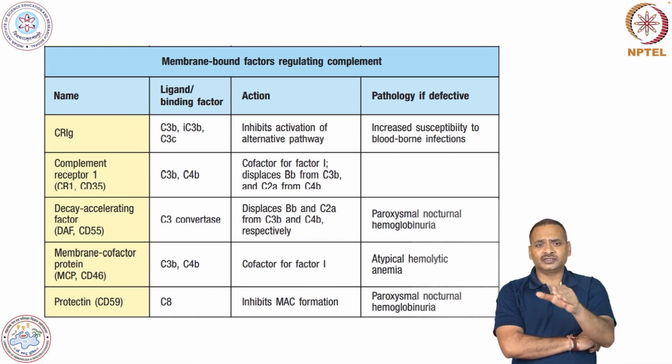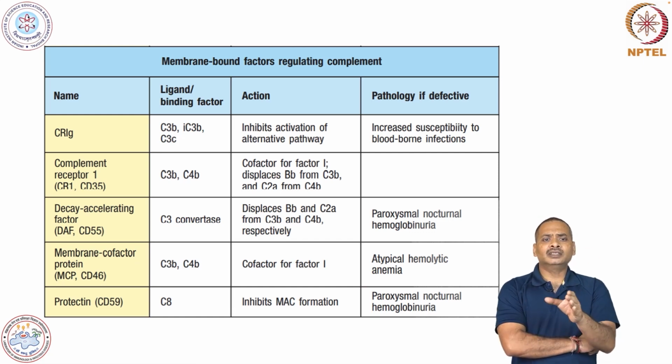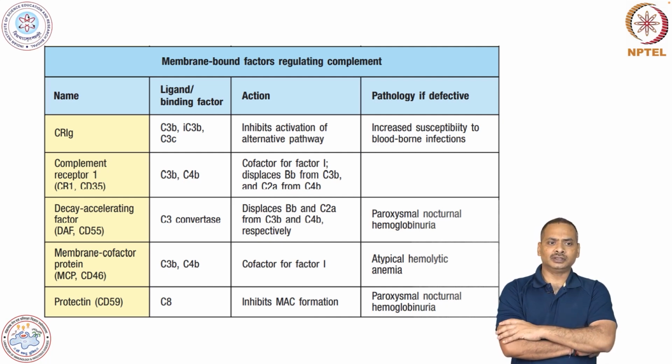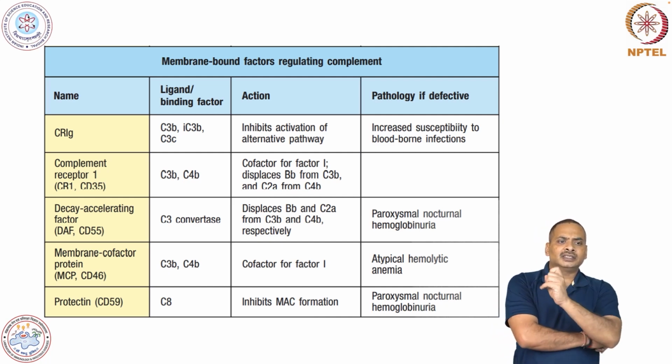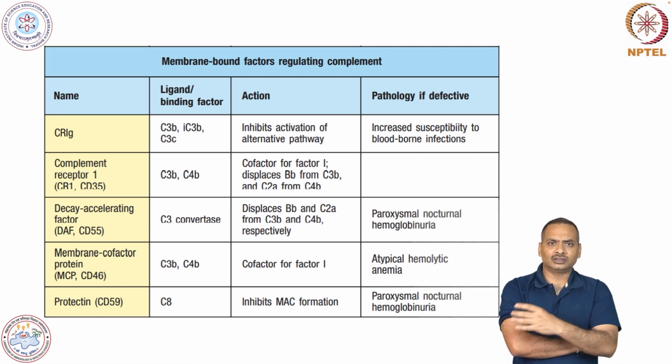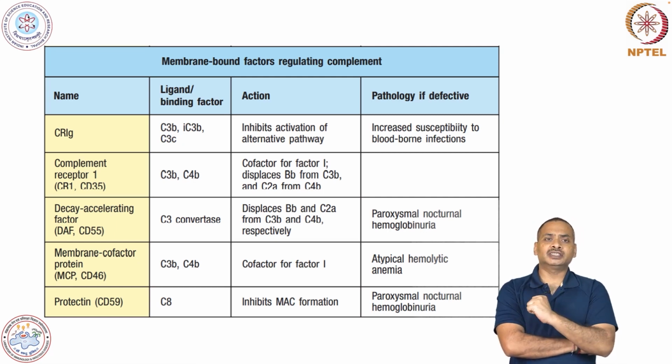So, this makes a C3 convertase, if you remember, and displaces C2a from C4b. Another is decay accelerating factor, or DAF, also known as CD55. Its ligand is C3 convertase.